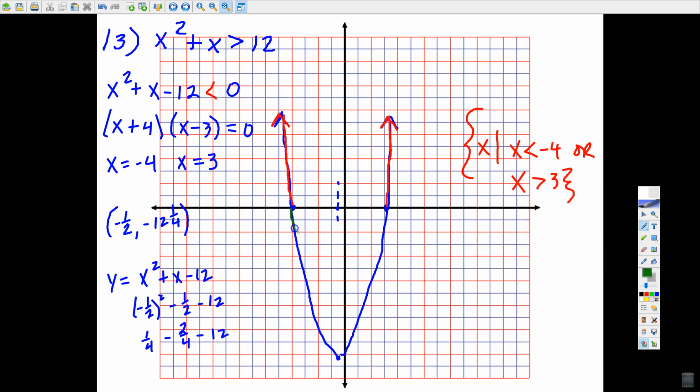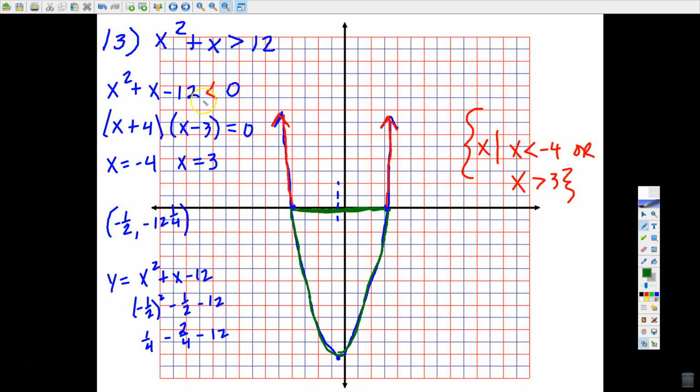Okay, so we'll just do that in green. And now we're wanting to know all of the x-coordinates that would be on the green part. And so now, if it did say less than, we would be talking about all of the x's in between -4 and +3.